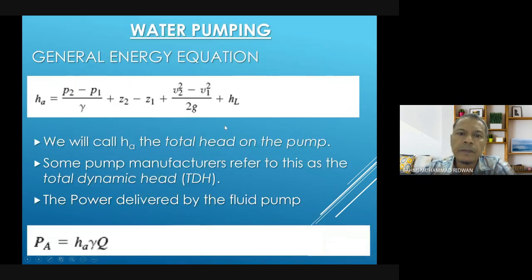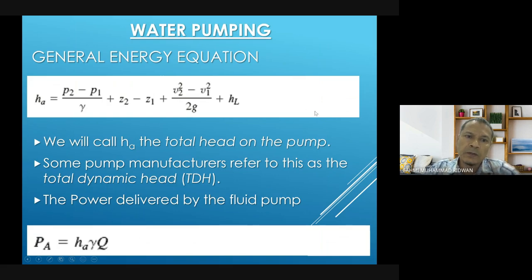Okay. All right. Now we go through the topic of water pumping. In water pumping, we use the general energy equation, which is derived from the Bernoulli equation.